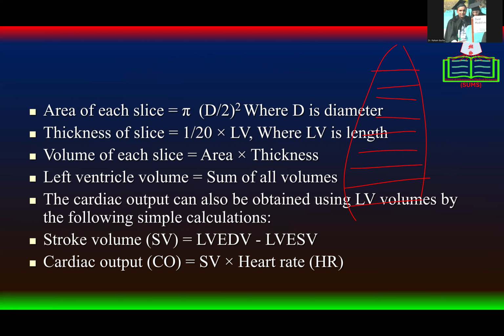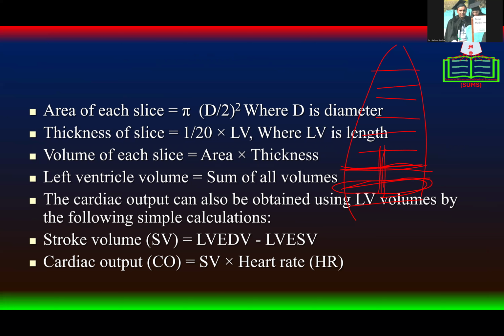So the area of this single slice will be calculated by the formula pi r square. So we will have here not r, but we'll have diameter d. So the d will be calculated, but from d we can have r as well. If this d is divided by 2, so 2r is equal to 1d.